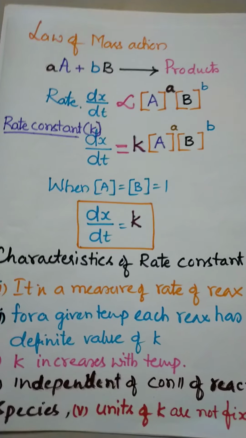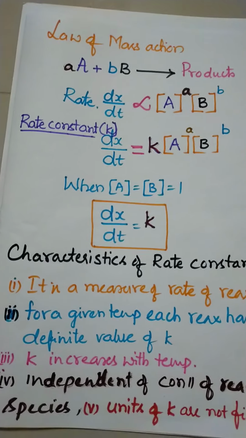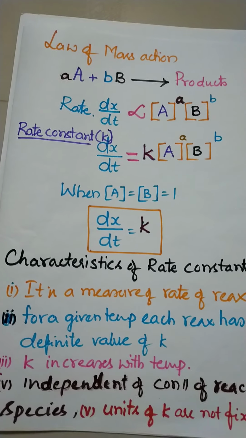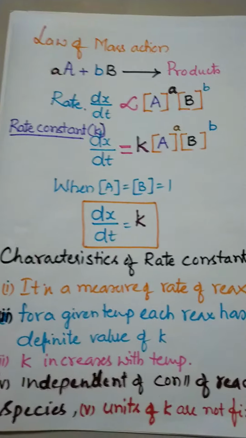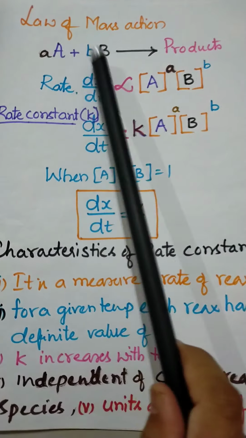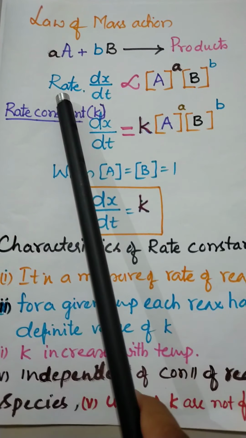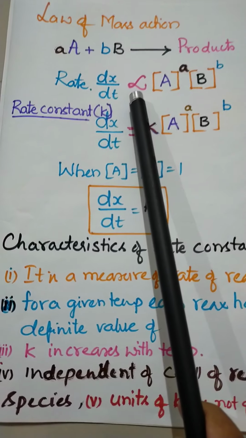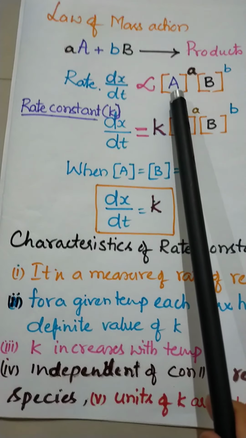So consider a general reaction, aA plus bB gives products, in which the reactants have the coefficients a and b respectively. Then the rate of reaction, dx by dt, is directly proportional to the product of the active masses of the reactants.